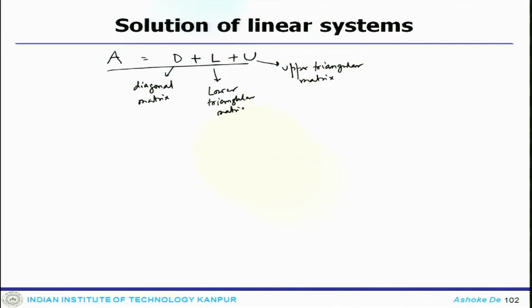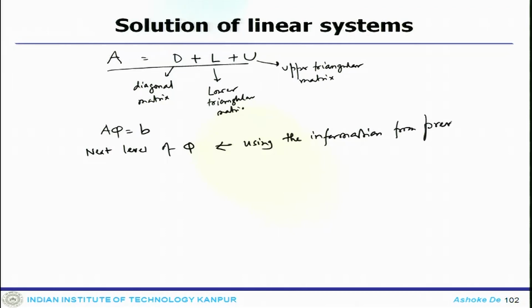Now when you solve A phi equals B, you go through different physical iterations and try to find the next level of phi using the information from the previous level. It could be a physical iteration, or it could be spatial.